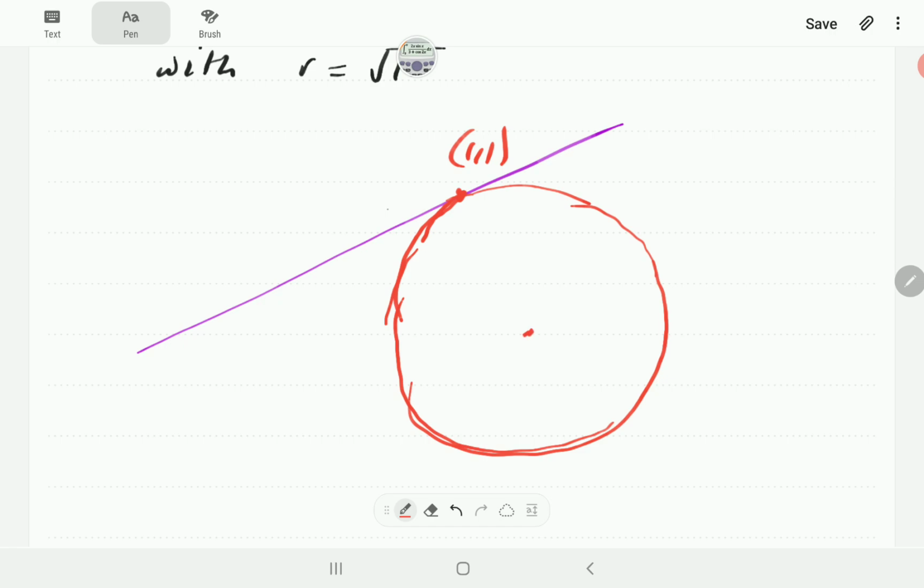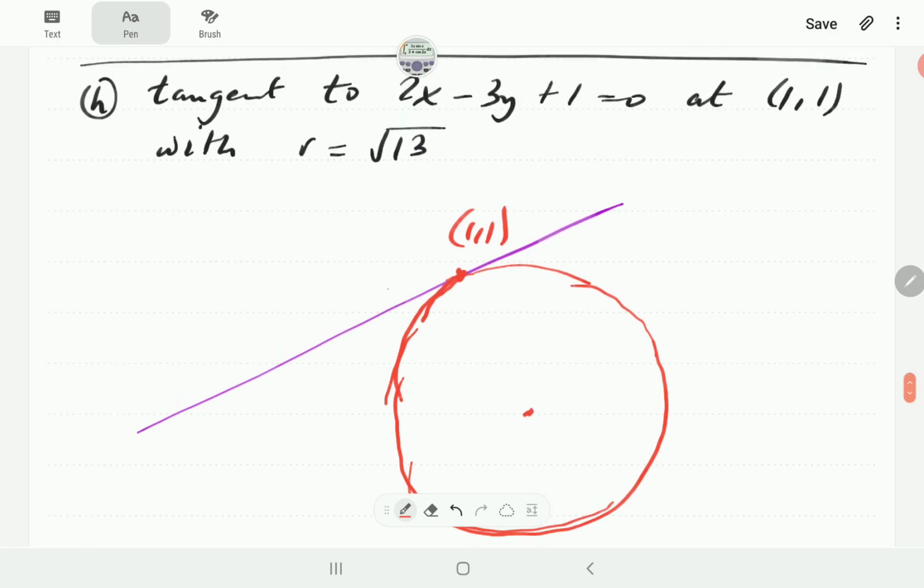All right, so the coordinates of the center we don't know, so h, k there. The radius though we do know, so radius is square root 13 here.